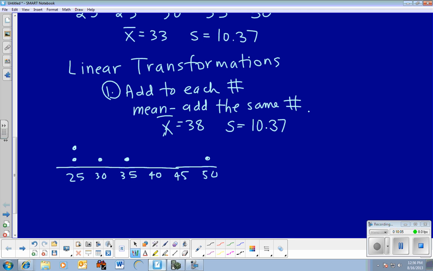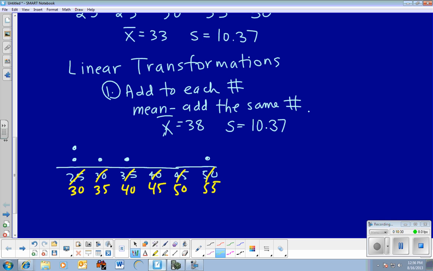If everybody goes up $5, then all I've really done is I've taken this and made it a $30, and I've adjusted my scale, but the dots relative to each other have not changed their shape. They are no more spread out or less spread out than they were. All right? This is when you add to each number.